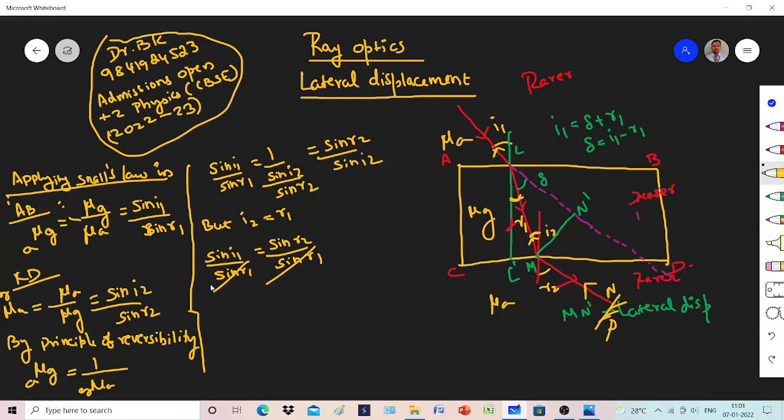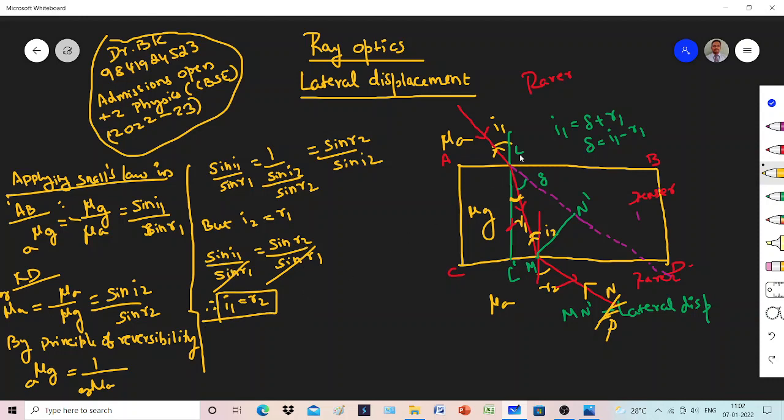This sine R1, this sine R1 will be cancelled. So you will get sine I1 is equal to sine R2, therefore I1 is equal to R2. Because sine I1 is equal to sine R2, therefore I1 is equal to R2.